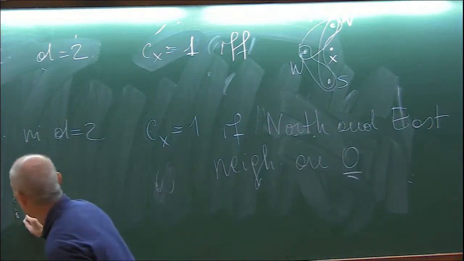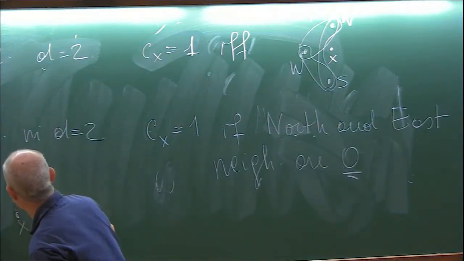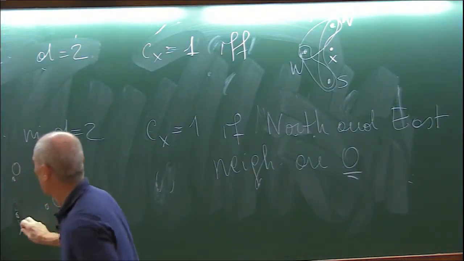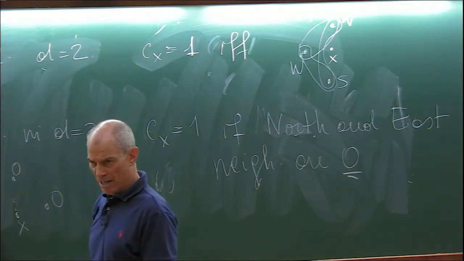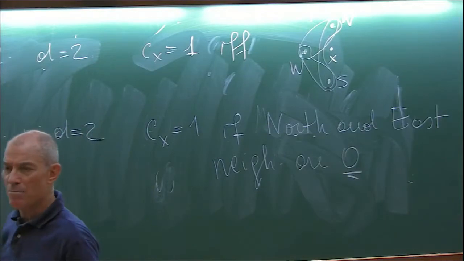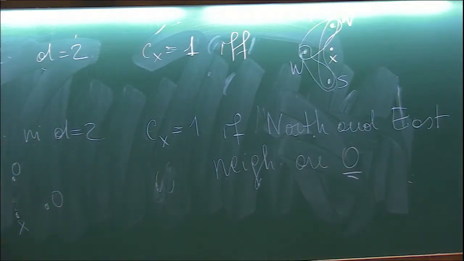So in this case, x is here, and you have to check whether these two are 0 in order to have a legal update. Otherwise, you are not allowed. So it's quite clear that this model must be related to oriented percolation in two dimensions. No? And actually it is.